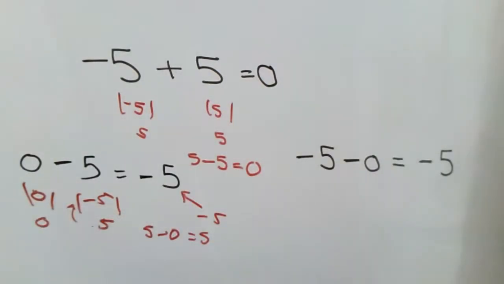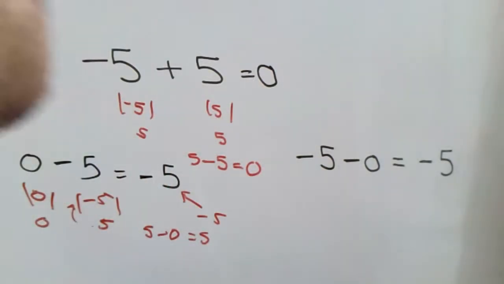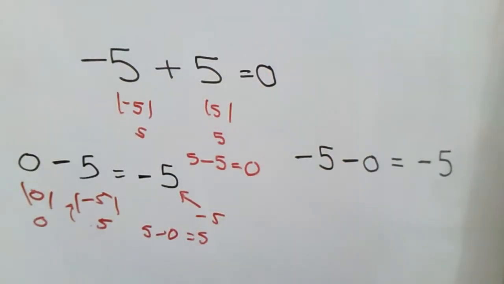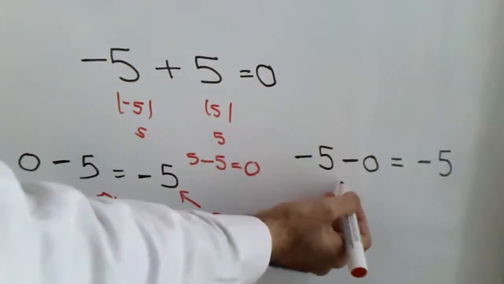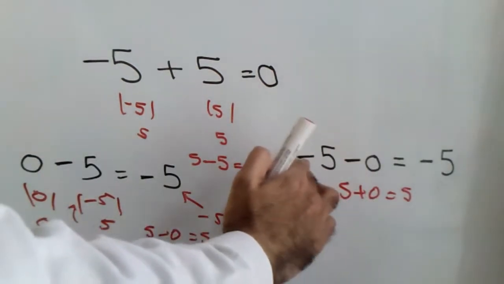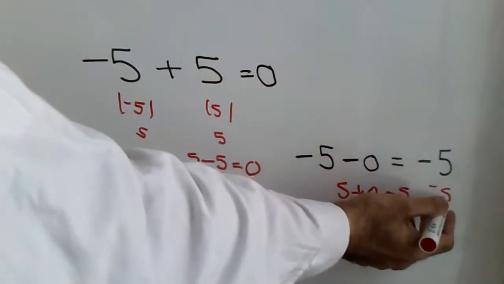If you wanted to analyze it using the methods we were looking at, the signs are the same, so you add them up. 5 plus 0 is equal to 5, and you keep the sign, which is negative. So it's just negative 5.